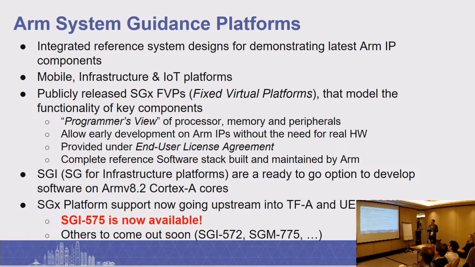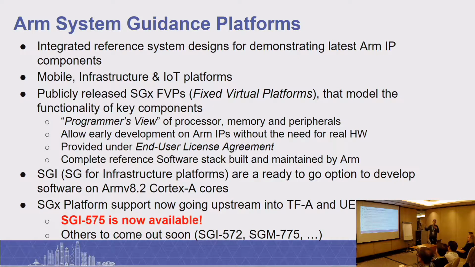We are maintaining within Arm a complete software stack, and we are now starting to upstream support for these platforms one by one. We started with the SGI-575, which I will describe in 30 seconds on the next slide. Other platforms are coming out soon.